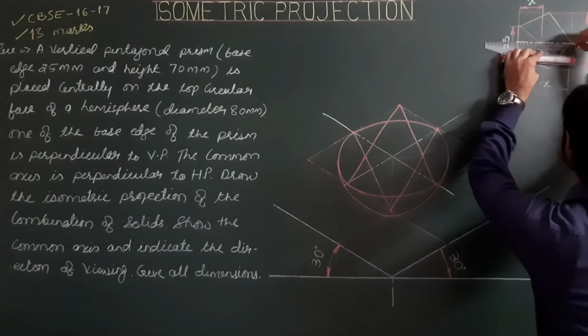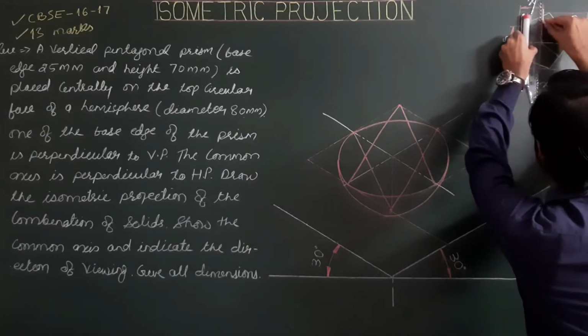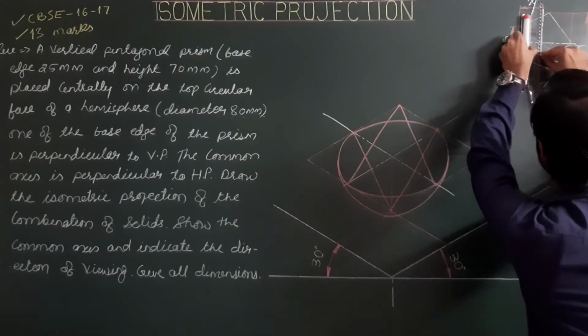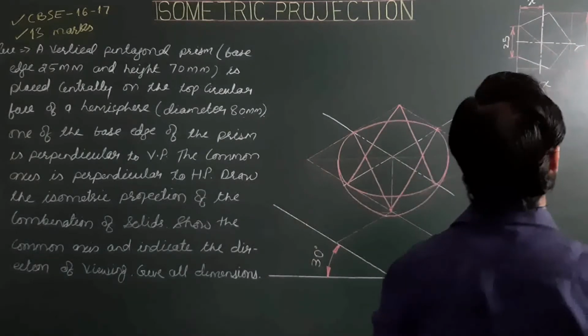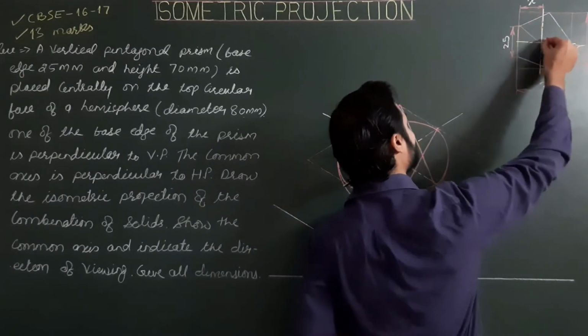So drawing lines parallel to and perpendicular to the first base side from the center. Now this point is the center of the pentagonal base or pentagon.